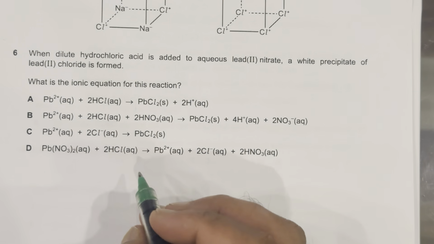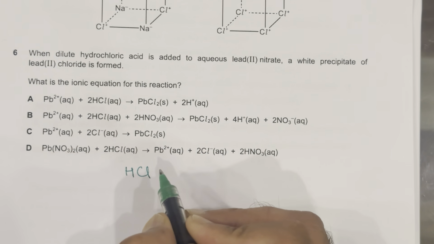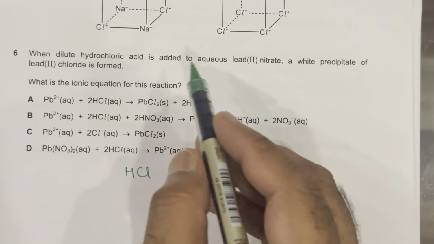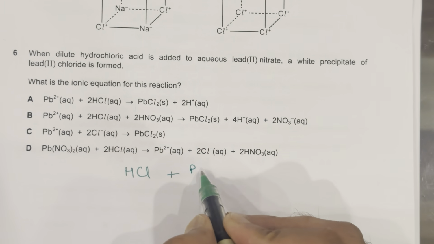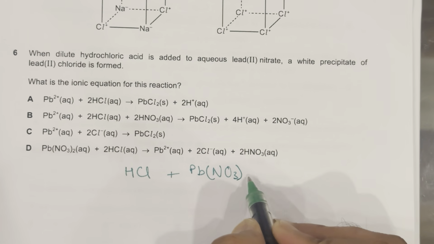Dilute HCl. What is the formula for the dilute HCl? We know that it is HCl, and it is added to the aqueous lead nitrate. Aqueous lead nitrate has the formula Pb(NO3)2.